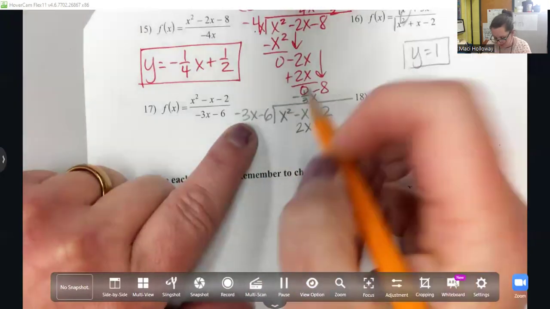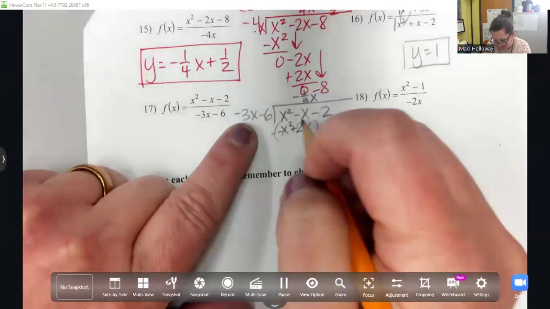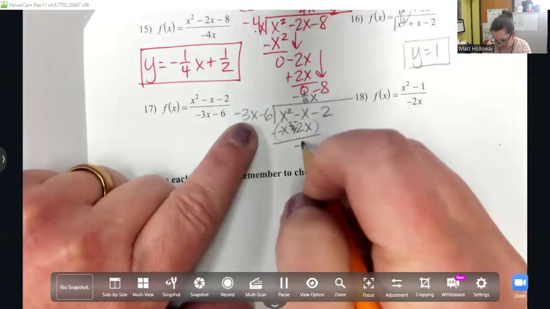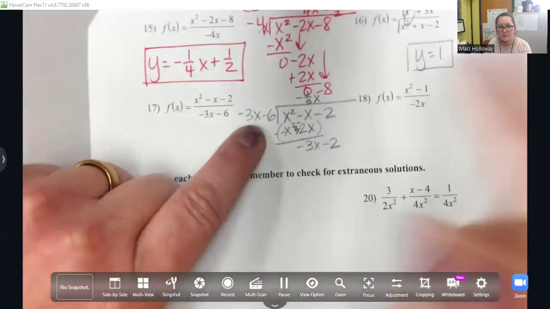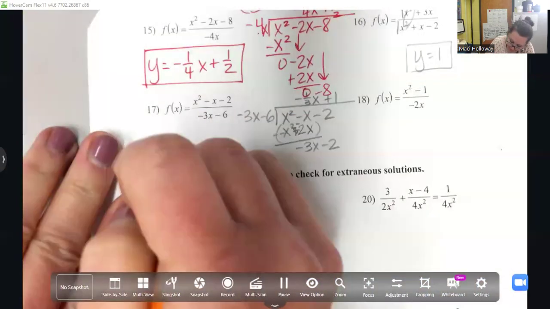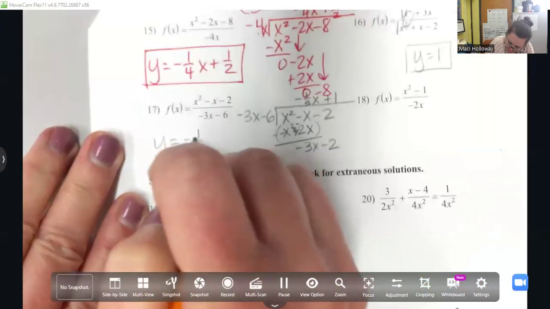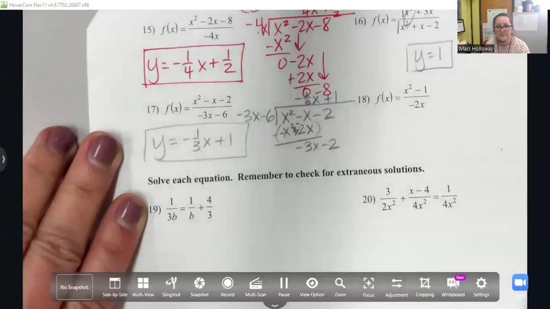And negative 1/3 times 3 is x squared. So we're going to change our signs. We get negative 3x minus 2. Negative 3 times what is negative 3? Positive 1. Okay, it turned out not to be so bad. So we have y equals negative 1/3 x plus 1 as your slant asymptote there.